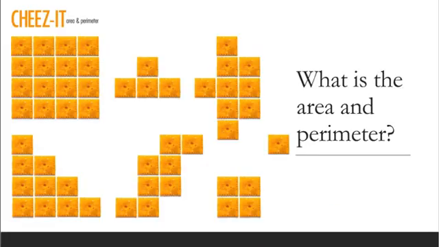In this next slide, I'm going to show you in Cheez-Its how we can get it. So in the first one, to get the perimeter, we count around the Cheez-Its. 1, 2, 3, 4, 5, 6, 7, 8, 9, 10, 11, 12, 13, 14, 15, 16.